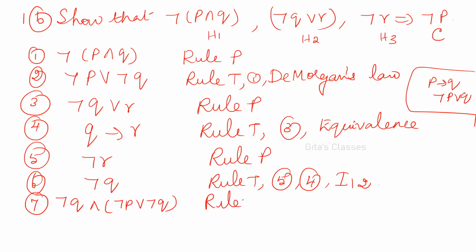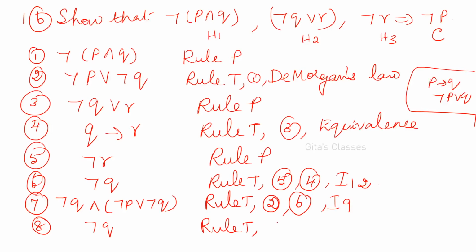So rule T. I have applied from step number 6 and 2 using I9. So now last step is not Q because using absorption law. So rule T I have applied in step number 7, absorption law.